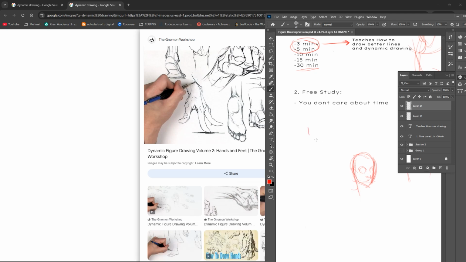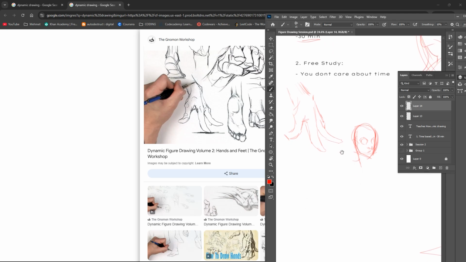Okay, so wait. Now, if I were to draw this hand like this, okay, this is something.